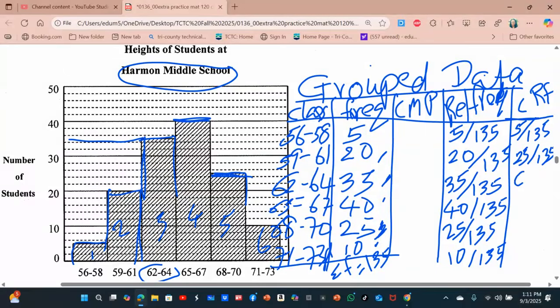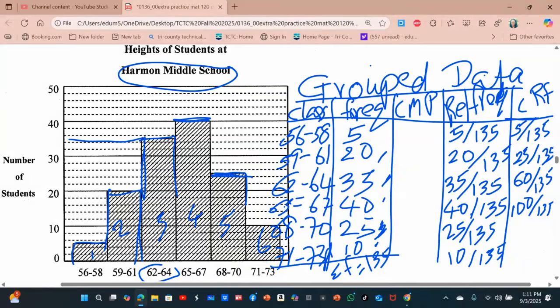So the cumulative relative frequency of the third class is 60 over 135. All right. The cumulative relative frequency of the fourth class is that of the third class plus all the relative frequencies smaller than that, and that is 100, because if I add 40 to 60, 100 over 135.